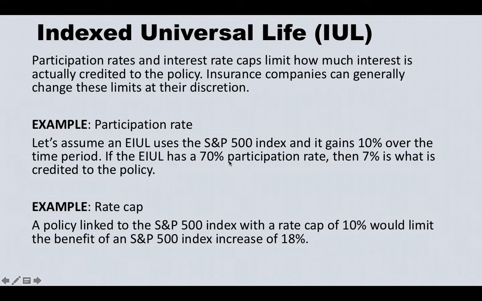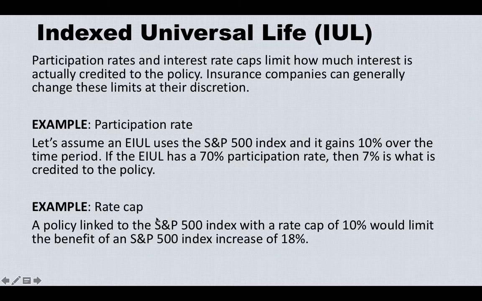So for participation rate, assume the IUL uses the S&P index and the gain is 10% over the time period. If the EIUL has a 70% participation rate, then 7% is credited to the policy. That's the participation rate.